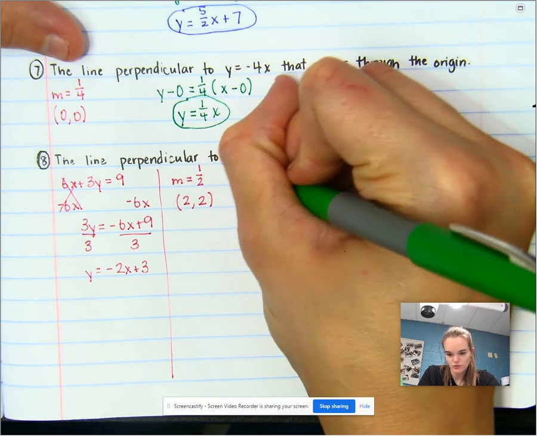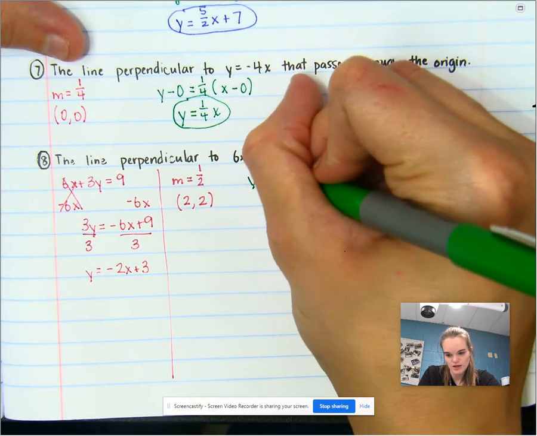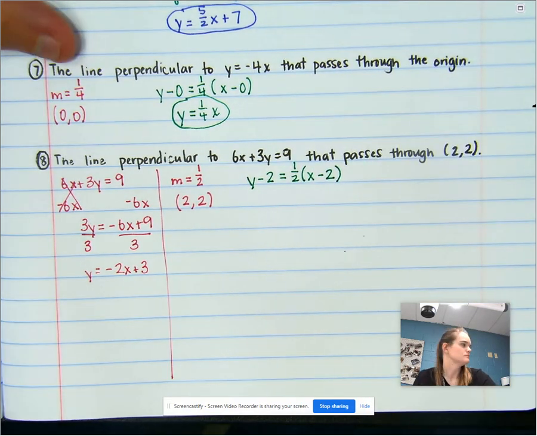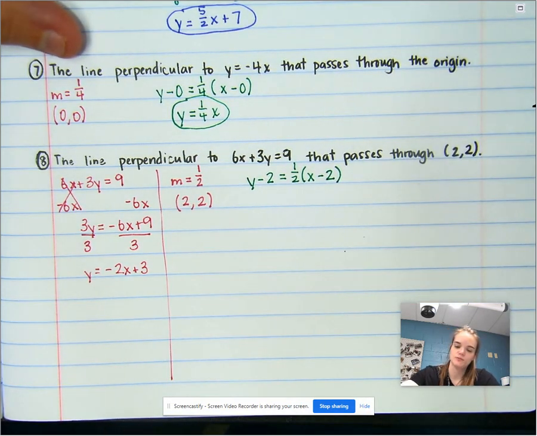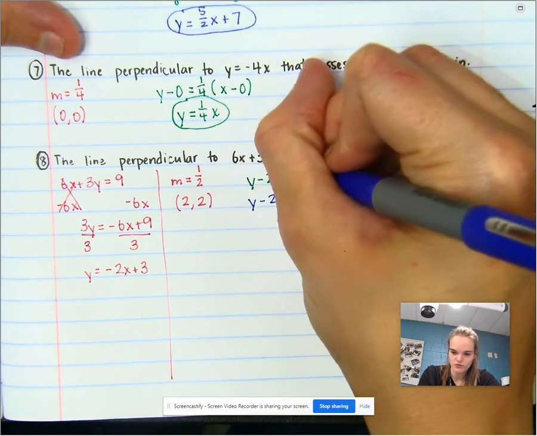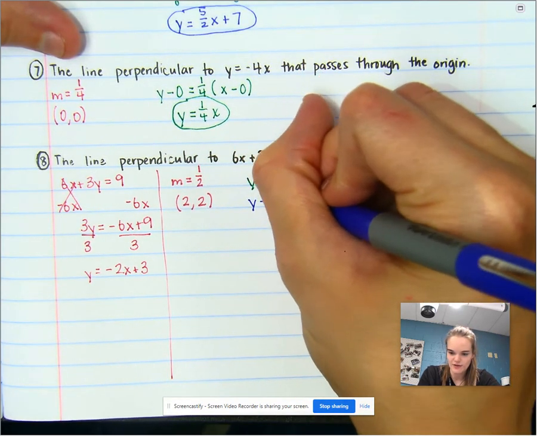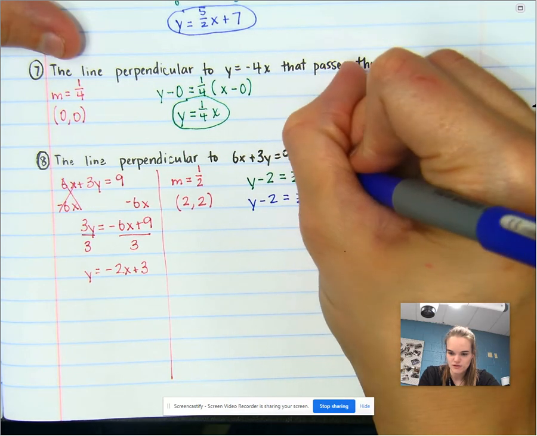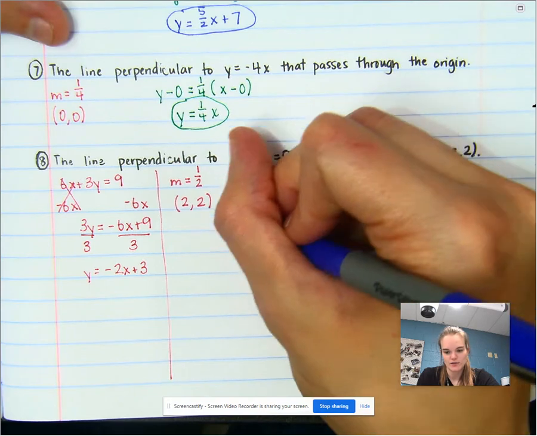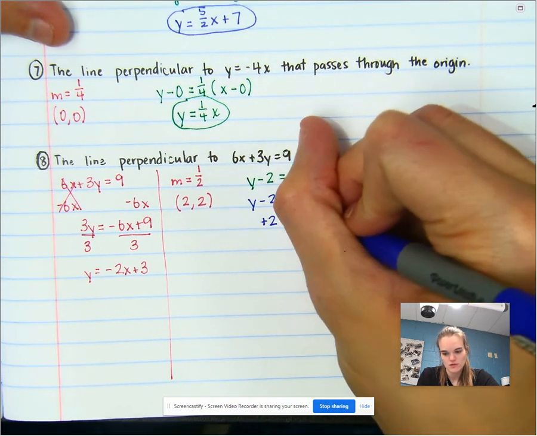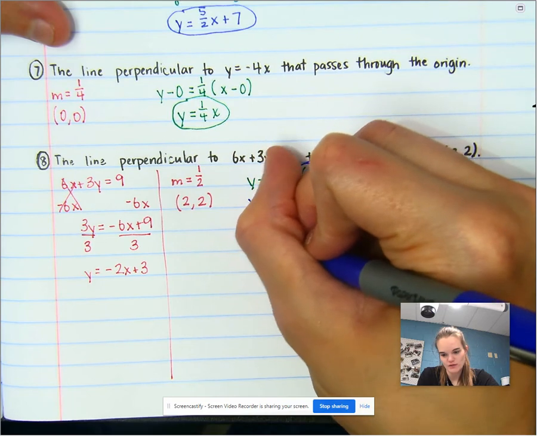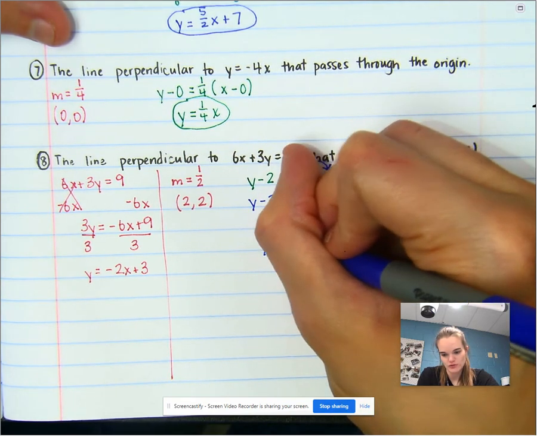Y minus 2 equals 1/2 times x minus 2. And distribute. Y minus 2 equals 1/2 x minus 1. Add 2. Y equals 1/2 x plus 1.